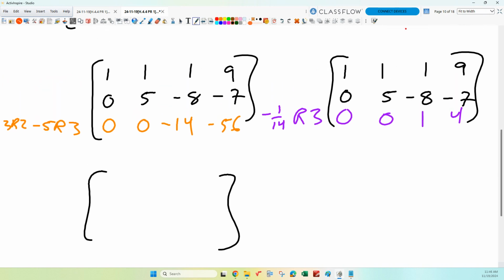So the middle row is going to become 1/5 R2. And what does this become then? We get 1, 1, 1, 9. Bottom is 0, 0, 1, 4. What's the middle row become? 0, 1, negative 6. And say it again. Negative 17.